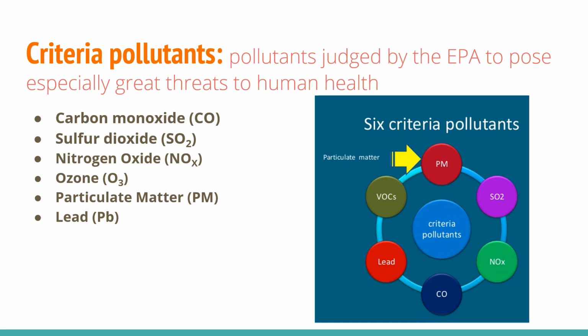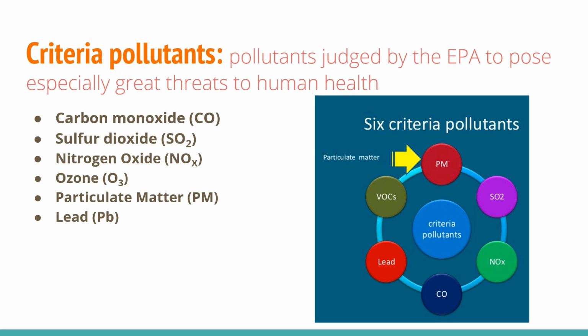The first one to know is carbon monoxide. There's sulfur dioxide, SO2; nitrogen oxides, NOx, where the X is a variable, it could be a 1, it could be a 2; ozone, O3; and particulate matter.